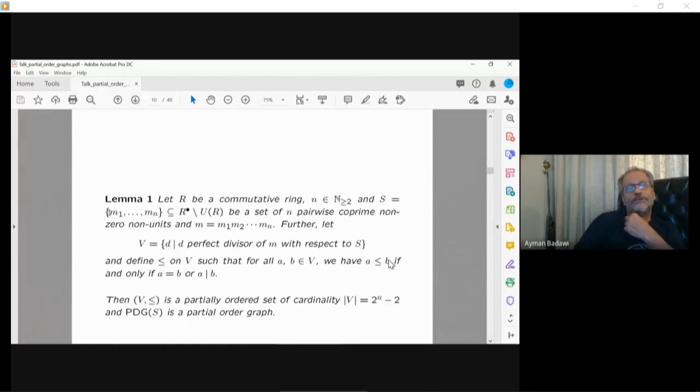And you take primes, like 3, 5, 7, 11. How many primes did I take? 4 primes. Then I can construct my set. And then what I do is multiply these numbers, like 3 times 5 times 11. That's the number M.